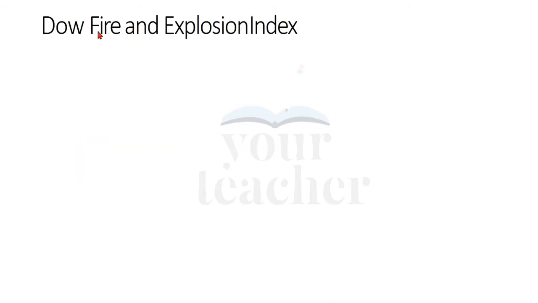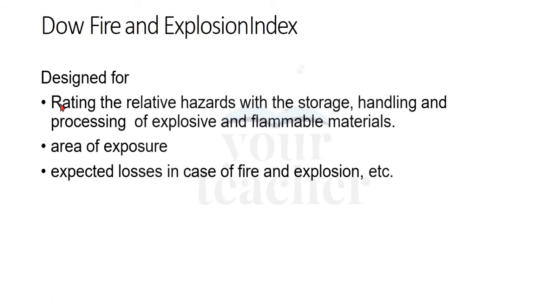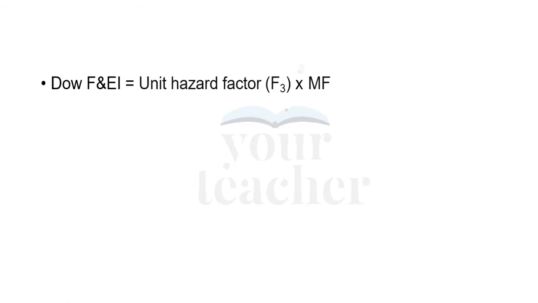The first type of Dow Index that we are going to discuss is the Dow Fire and Explosion Index, which is designed for rating the relative hazards with the storage, handling and processing of explosive and flammable materials, and to know the area of exposure and the expected losses in case of fire and explosion. The Dow Fire and Explosion Index is calculated by multiplying the unit hazard factor and the MF, which means material factor.